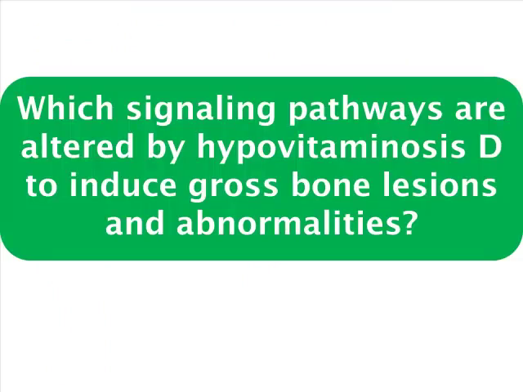So understanding the general process of endochondral ossification and trying to equate that with the gross abnormalities we see in the spine and the femur of these pigs, we began to think which of these signaling pathways could be altered in our model that could induce such bone abnormalities.